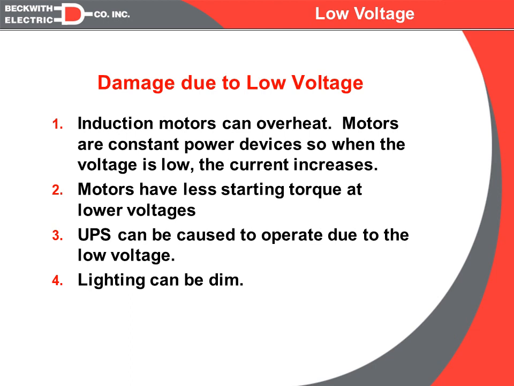So we need to have enough voltage present to allow the motors enough starting torque to get up and operational. Also, if you have UPSs, they may be triggered by low voltages, and you may be bringing UPS systems online that don't need to be brought online. Finally, lighting can be dim. So those are some of the negative impacts if the voltage is too low.